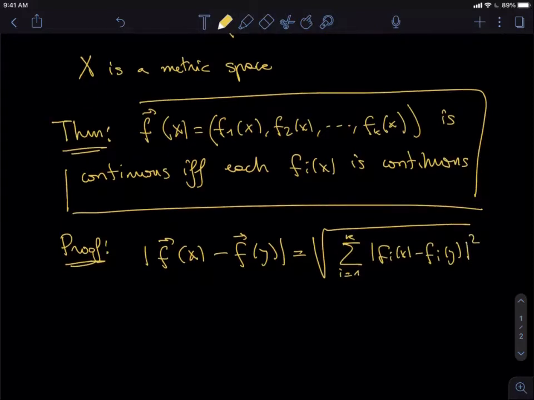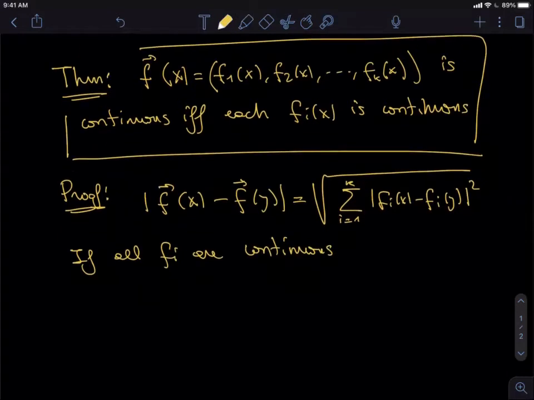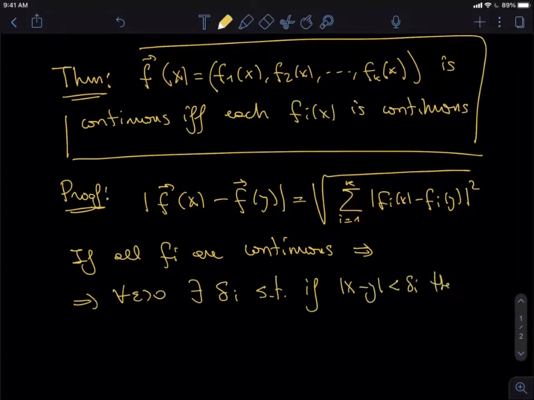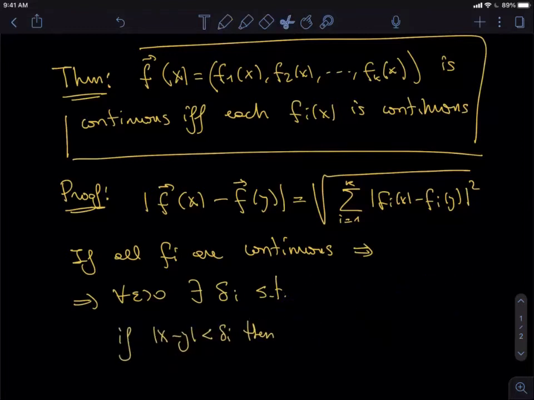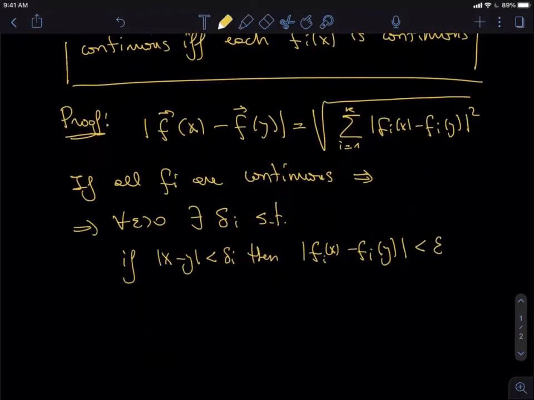So somehow, if all f_i are continuous, that means that for every epsilon bigger than 0, there exists some delta_i for each f_i such that if the norm of x minus y is less than delta_i, then |f_i(x) minus f_i(y)| is less than epsilon.